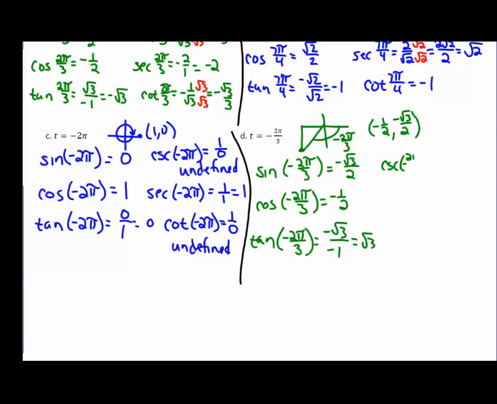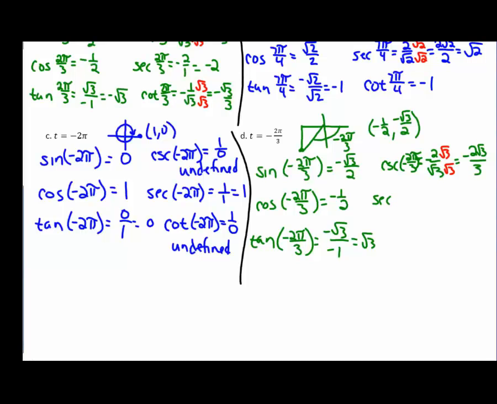Cosecant of negative 2 pi over 3 is going to be negative 2 over the square root of 3, which we need to rationalize. So we multiply by the square root of 3 in the numerator and the denominator. And so we end up with negative 2 square root of 3 all over 3.